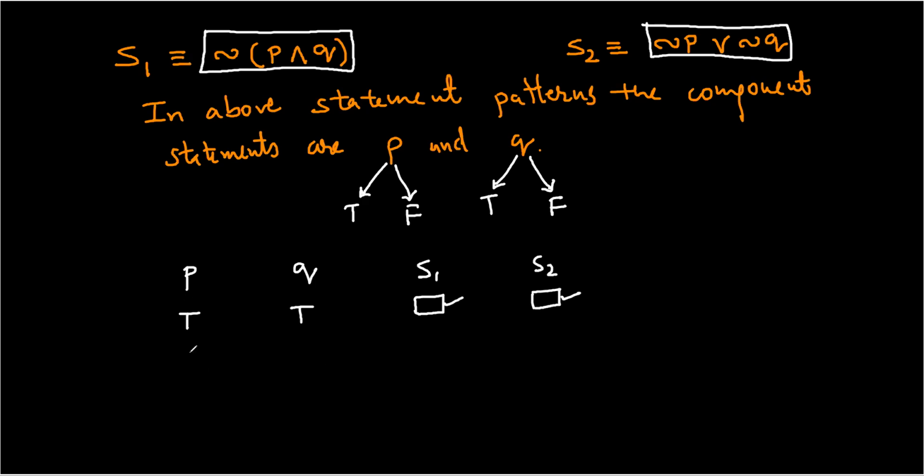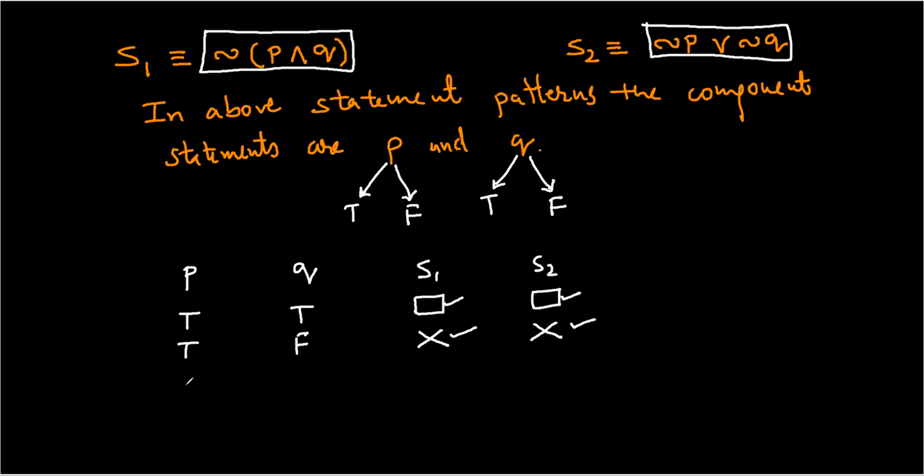Then you decide P to be true and Q to be false, the next combination. You find the truth value of S1, and you notice that the truth value of S2 is also the same. I'm not writing the truth values, I'm just using symbols to make you understand.